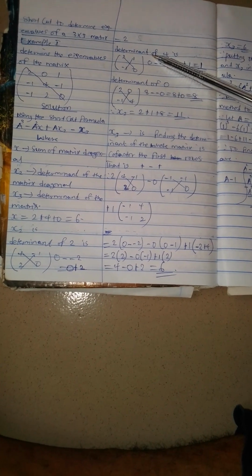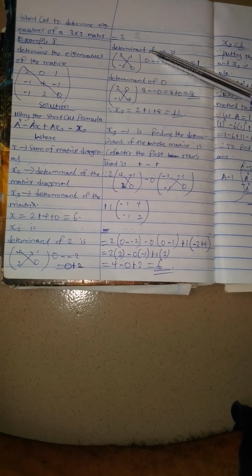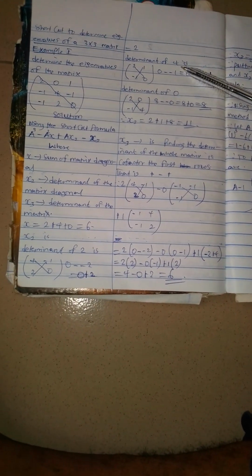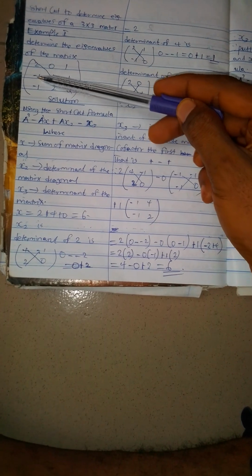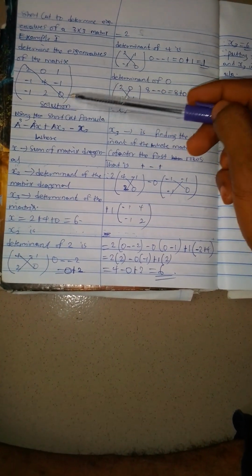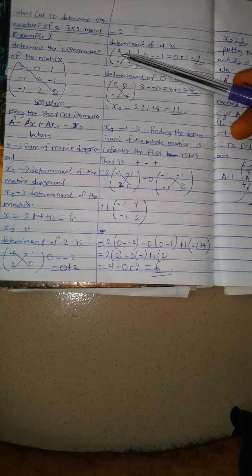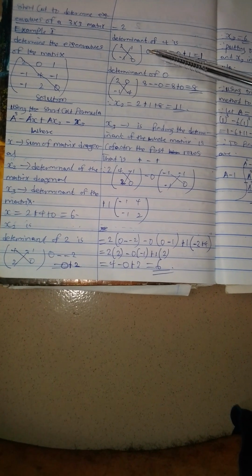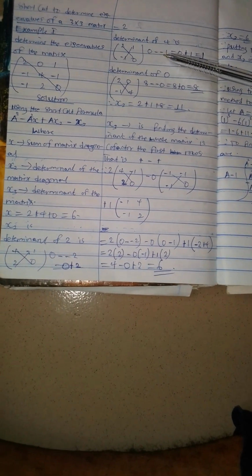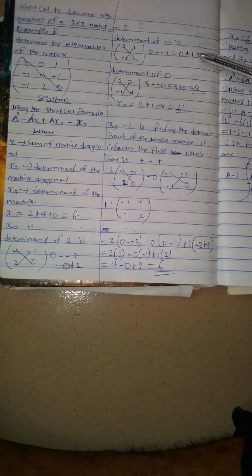Also, when finding the minor for 4, everything in its row and column is out, that becomes 2, 1, -1 and 0. That becomes 2 times 0 is 0, minus 1 times -1, that becomes 0 plus 1, which is 1.